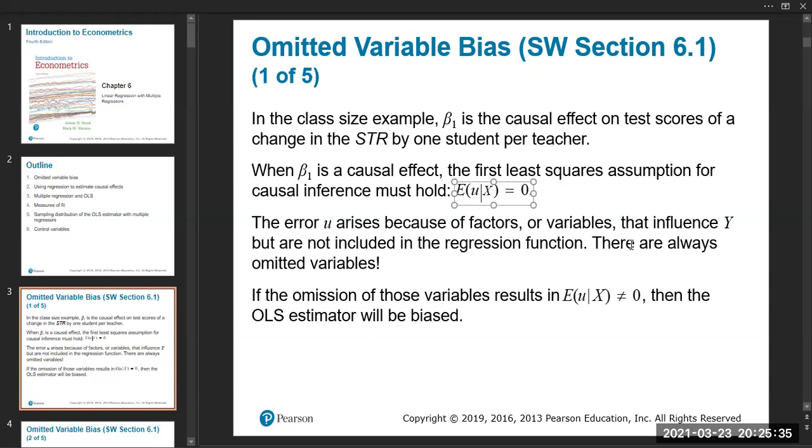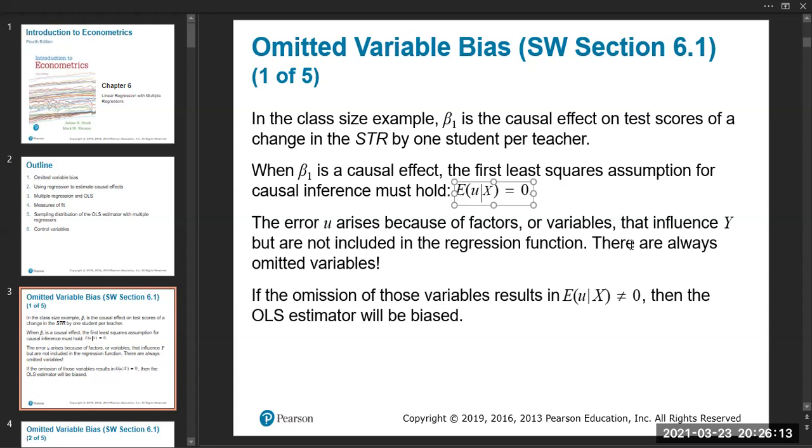The reason why we don't include these factors in our regression is that we believe this assumption holds, which is that those things have nothing to do with class size. Only when class size has nothing to do with all of these can we say that class size is independent of all these other factors that affect test scores, or we just say that all the other things conditional mean on class size is 0.